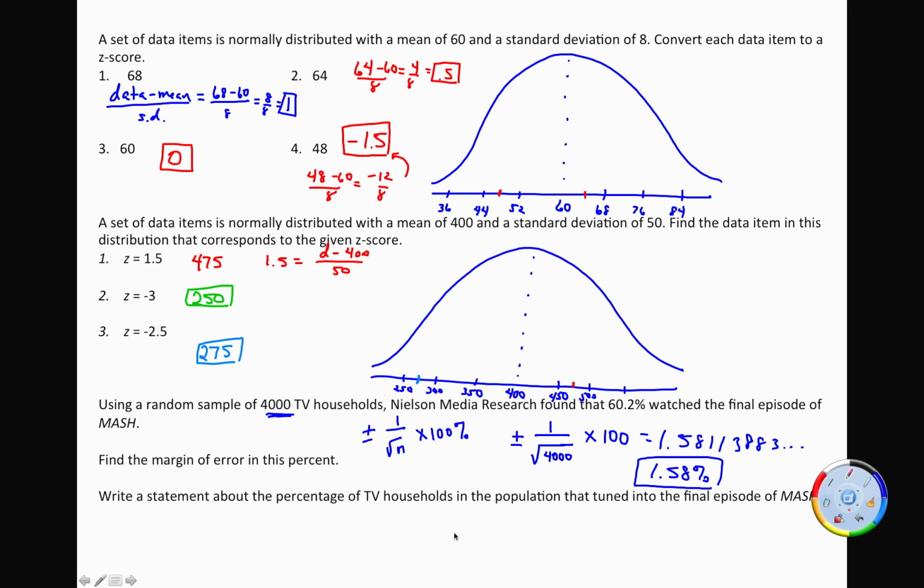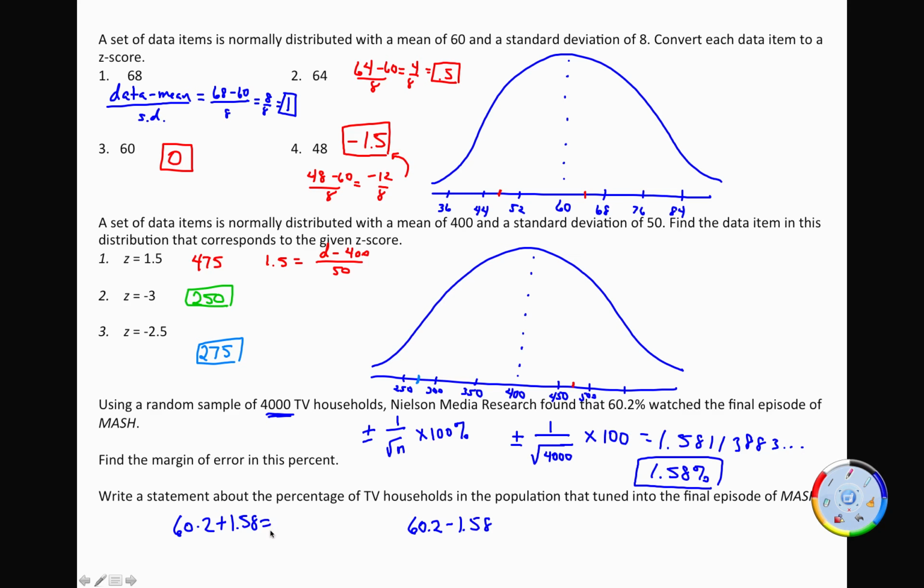Now, this says write a statement about the percent of households in the population that tuned into the final episode of MASH. So you want to say something like, we can be 95% confident that between, well, first of all, let's calculate that. So we need to do 60.2 plus 1.58 and 60.2 minus 1.58, right?